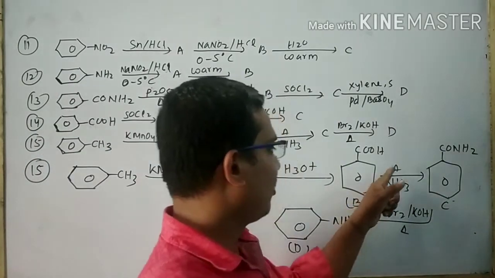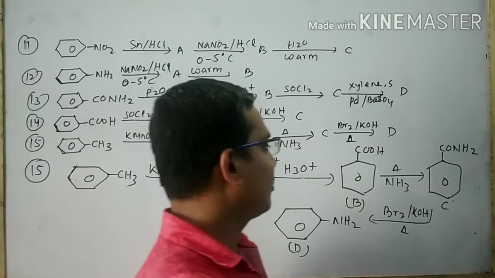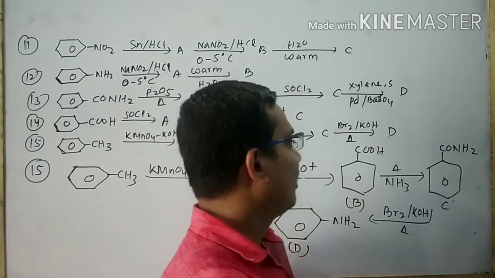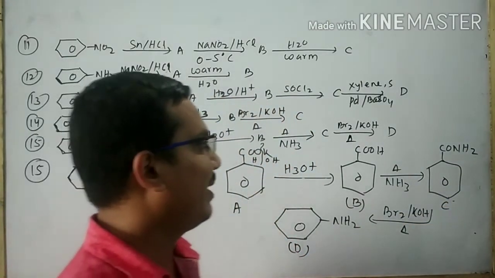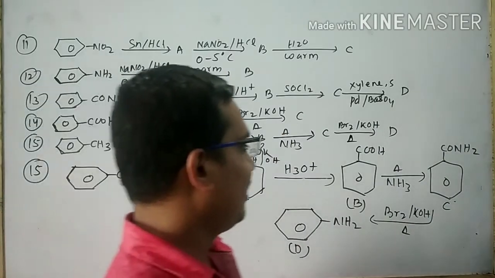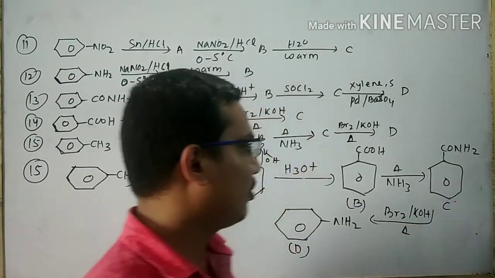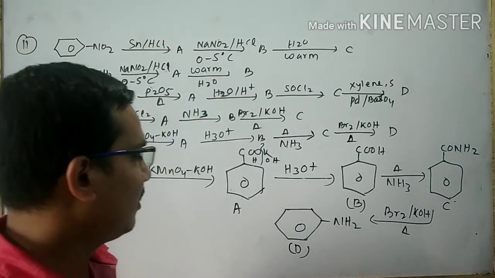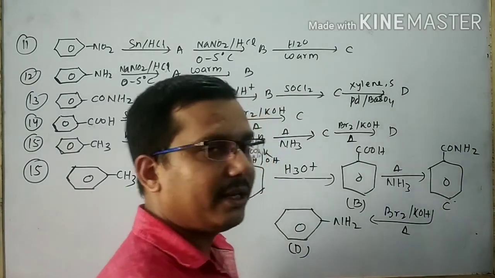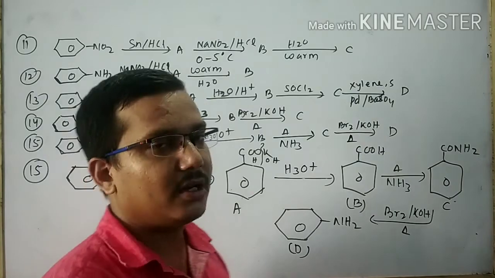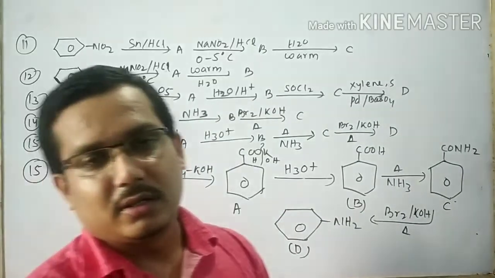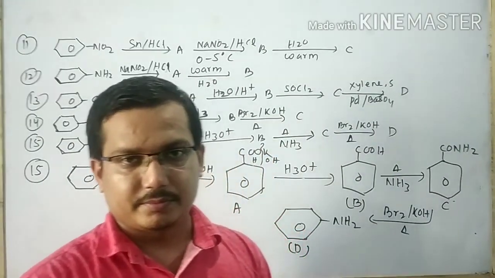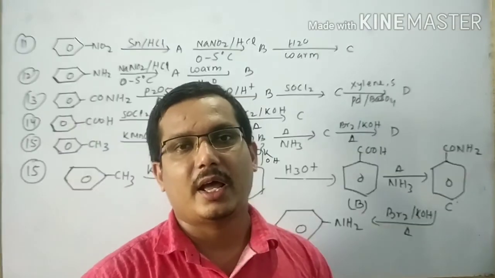The B product undergoes reaction with NH3 and is also heated. Then the C product, benzamide, is formed. This is subjected to Hofmann bromamide reaction and gives the D product, which is aniline. That is all about conversions related to the aromatic amine.